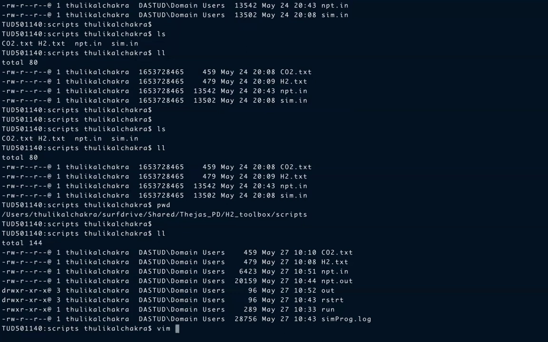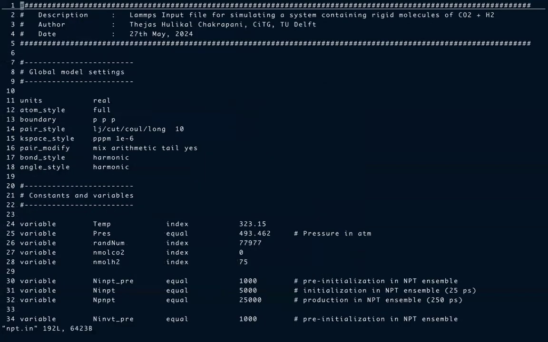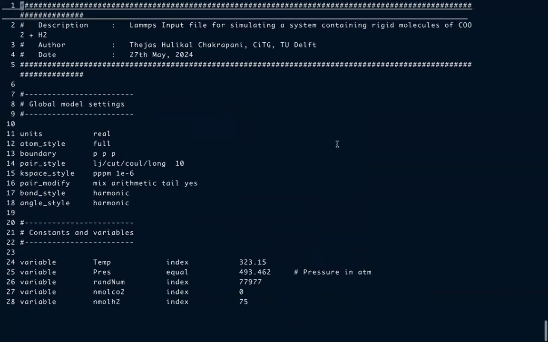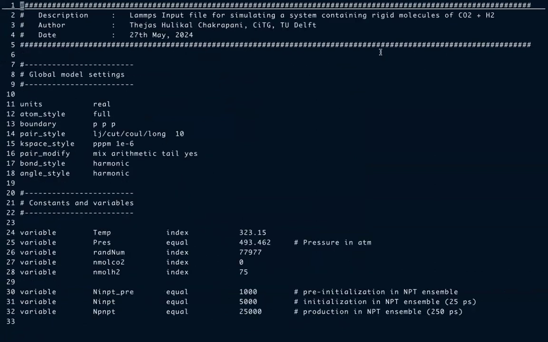All right, so now to give you an idea of how input scripts look, here is an example. This is my input script for calculating the density of hydrogen at a given state point. Here in the description, I say a system containing rigid molecules of CO2 and H2, because I wish to also show you at a later point how to simulate a mixture.